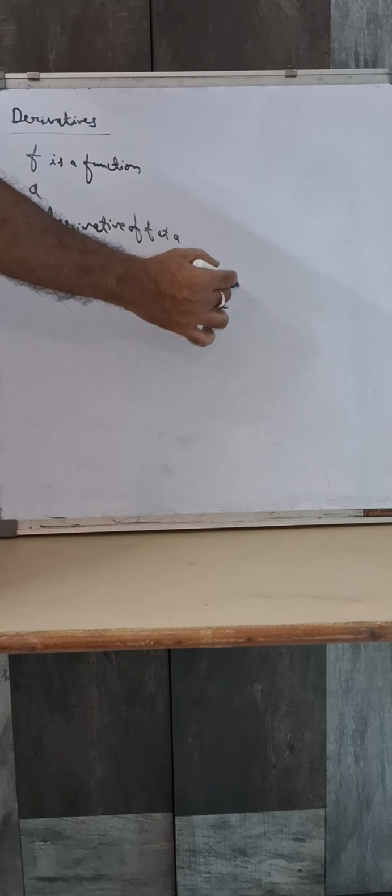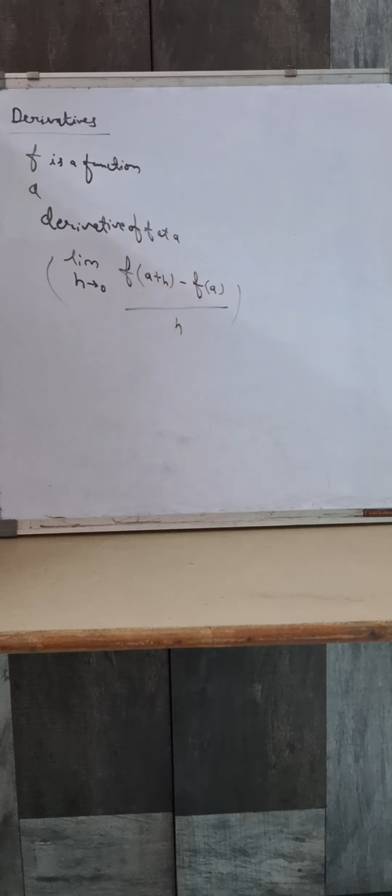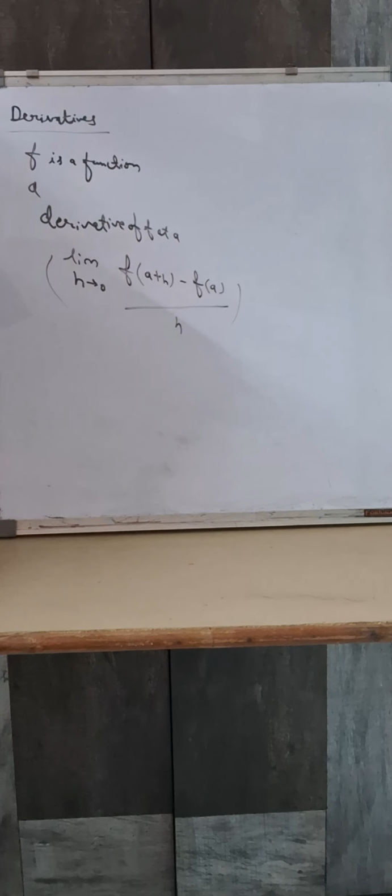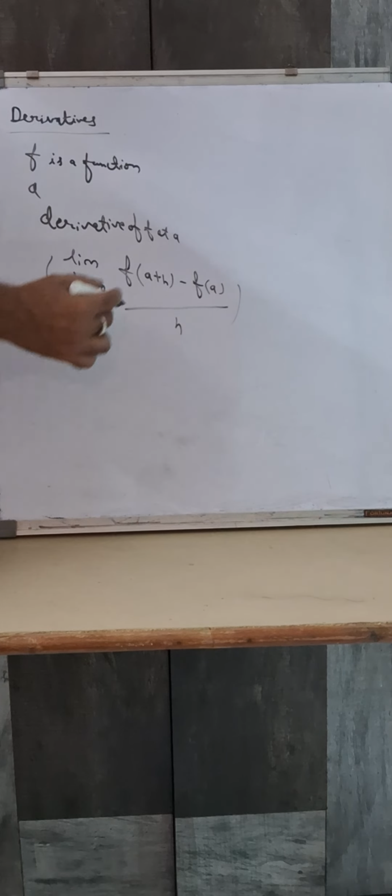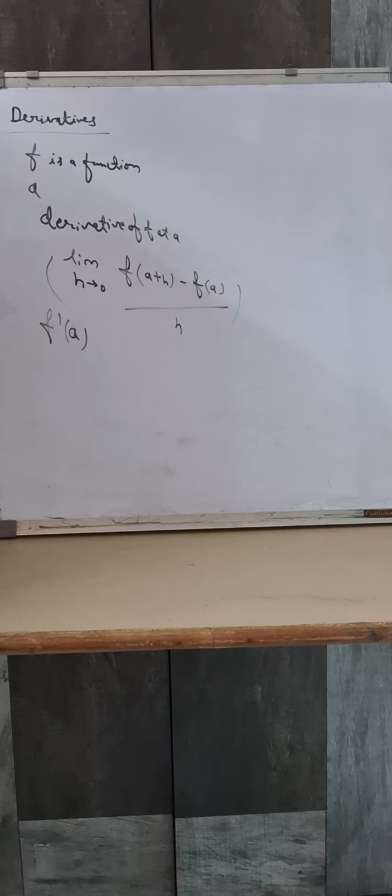This will be the derivative of the function at point a. When a is in the domain, meaning it is continuous at point a, it is also denoted by f dash a. The derivative of f at a is denoted by f dash a.